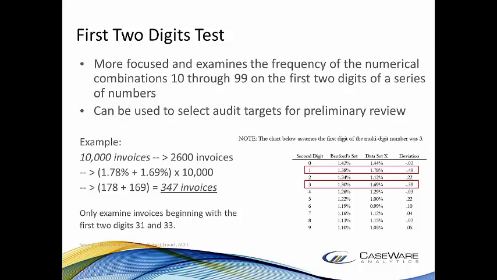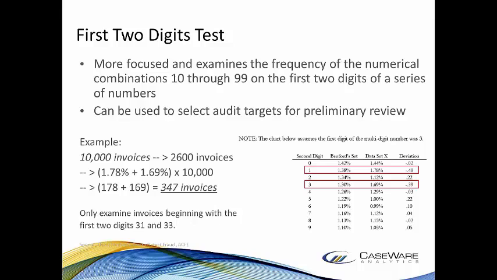And the other second digit of 3, in other words 3-3, has in the data set 1.69%. So when you take those two percentages for 3-1 and 3-3 and add them together, multiply by the 10,000 records or invoices you have, it results in 347 invoices that you would only have to audit now instead of 2,600.